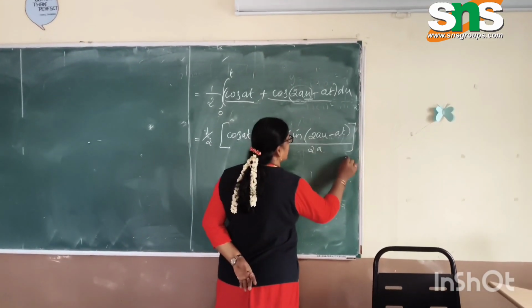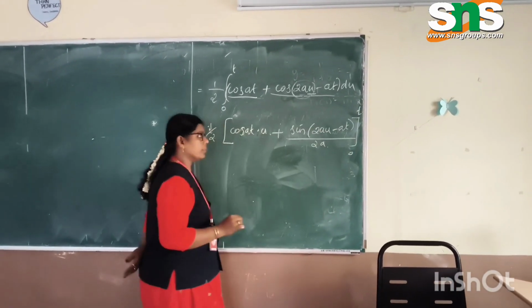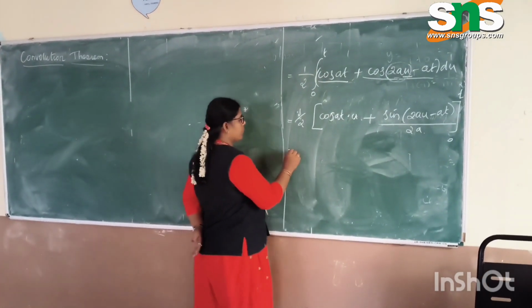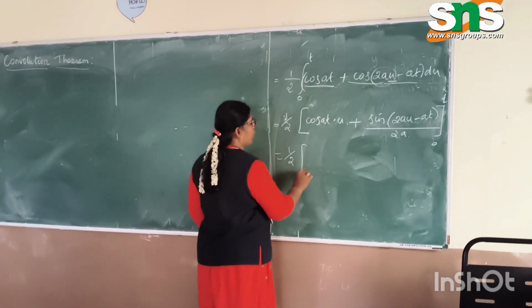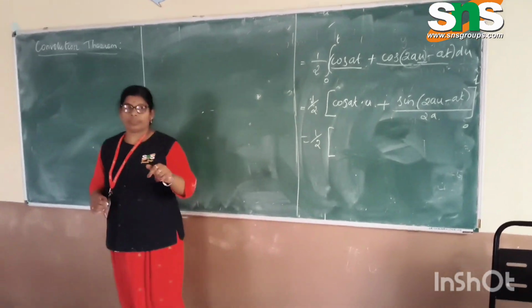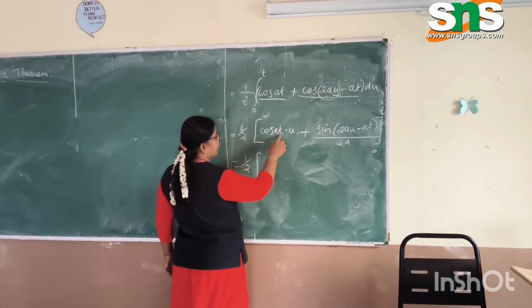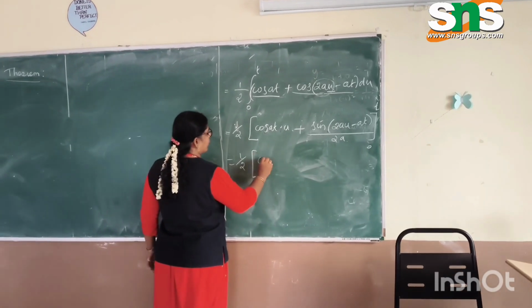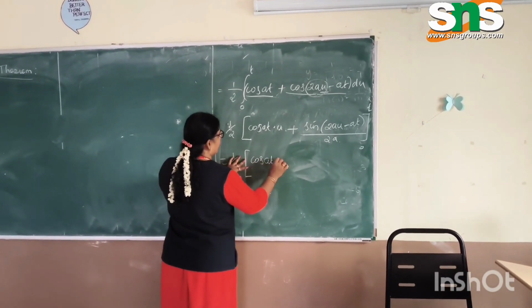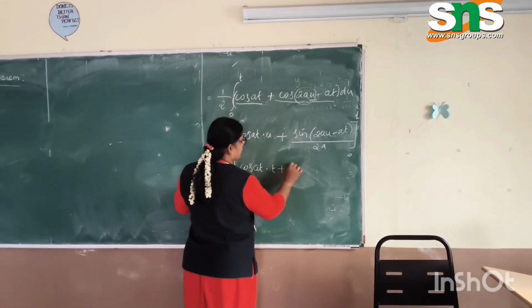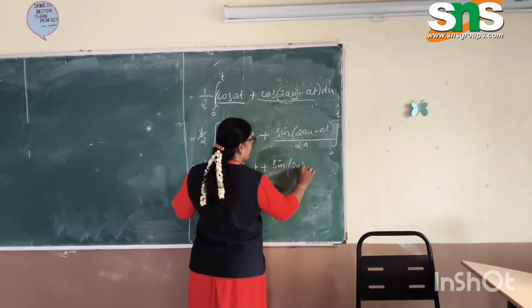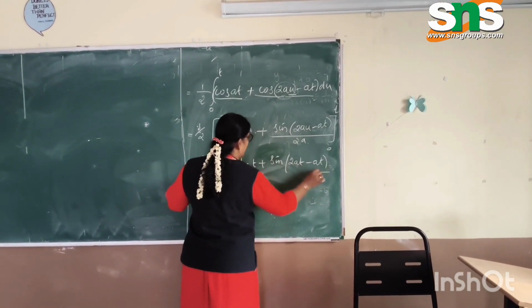Now substitute the limits 0 to t, the upper limit t and the lower limit 0. That is equal to 1 by 2 cos at into u plus sin(2au minus at) divided by 2a. Substituting the upper limit t gives t plus sin(2at minus at) divided by 2a.